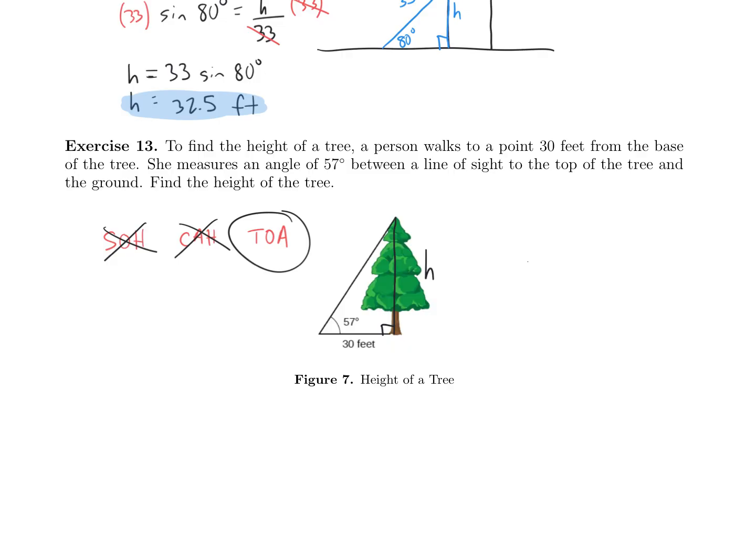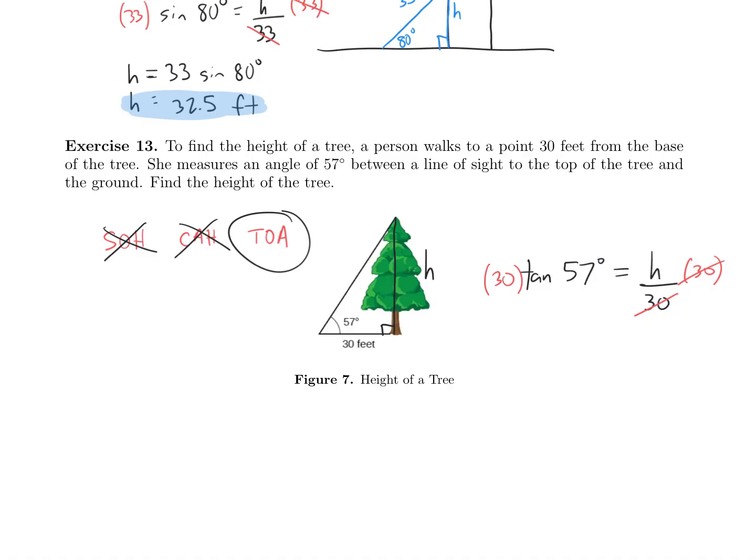Okay, so let's write the equation. So it's going to be tangent of the angle 57 degrees is going to equal the opposite, which is h, over the adjacent, which is 30. And same as above, to solve this equation, you have to multiply both sides of the equation by the denominator.